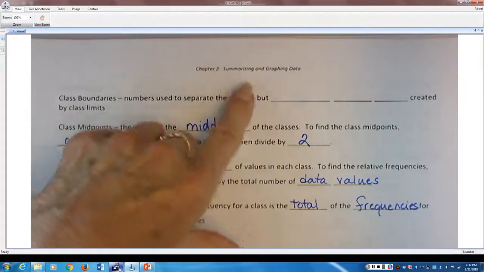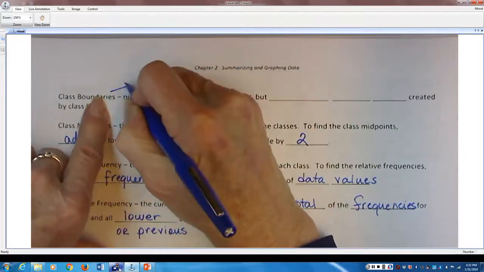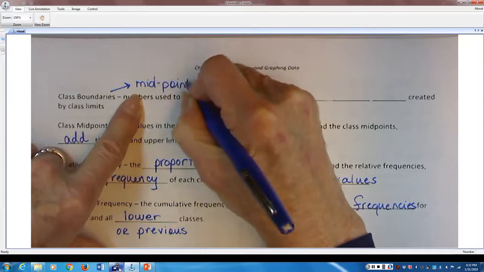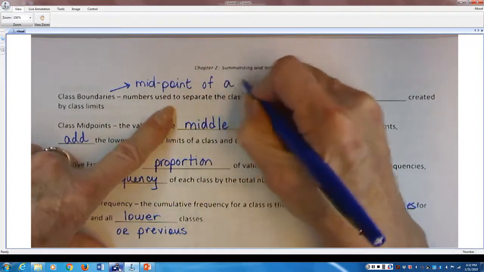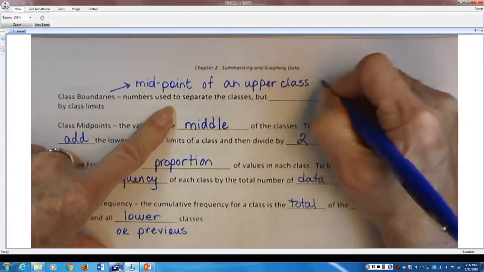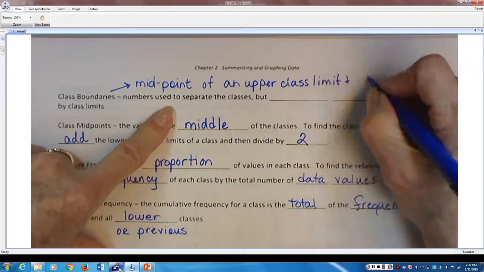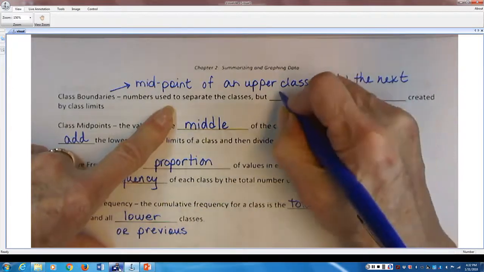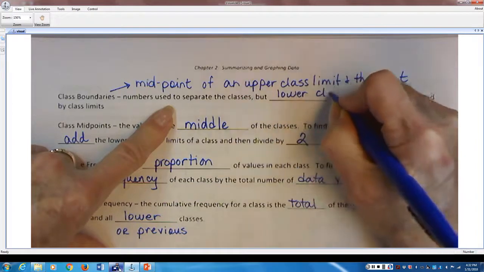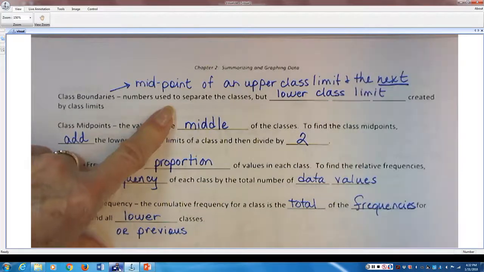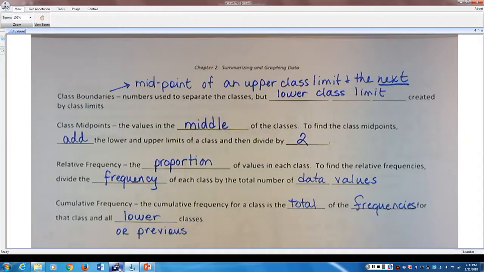So it's the midpoint of an upper class limit and the next lower class limit.